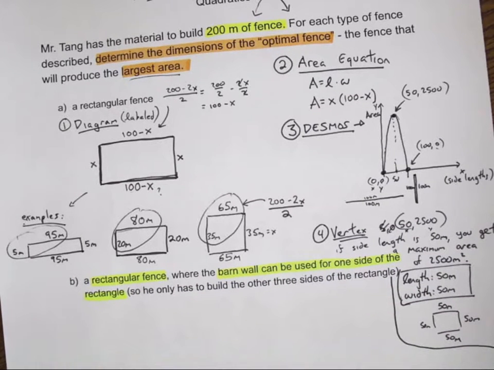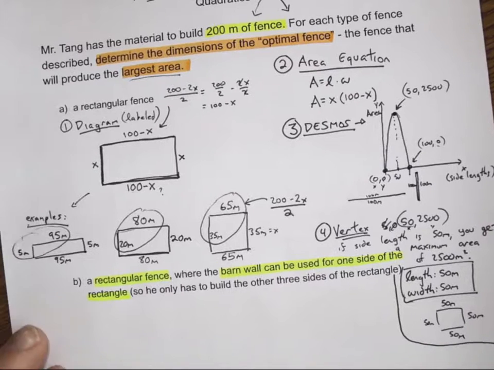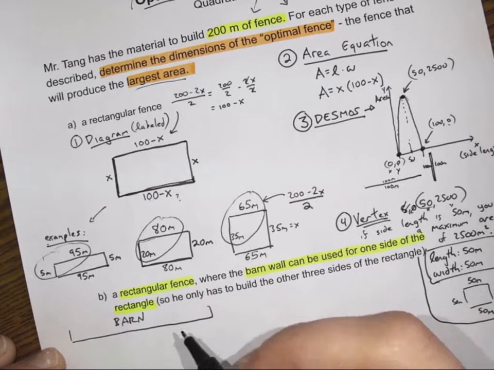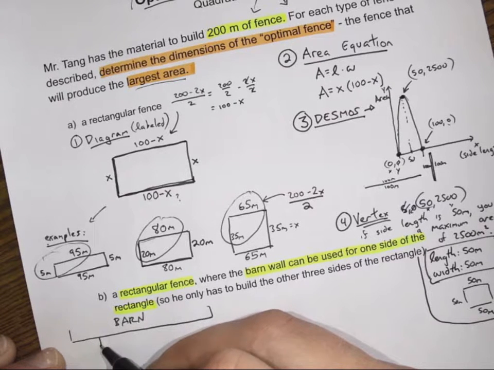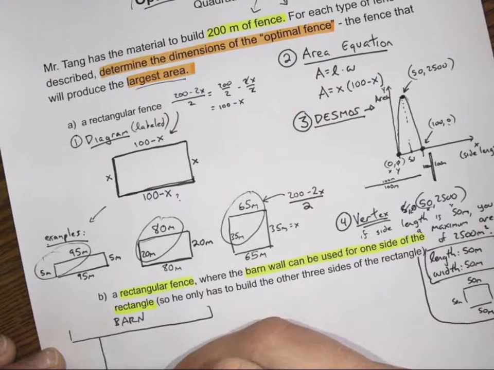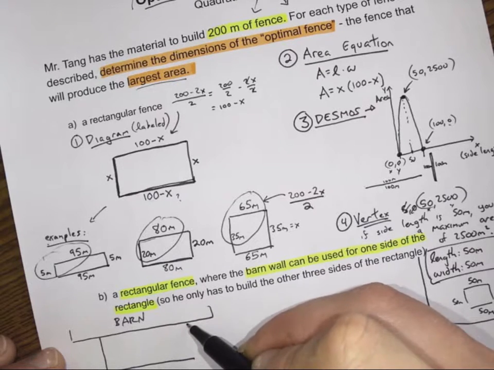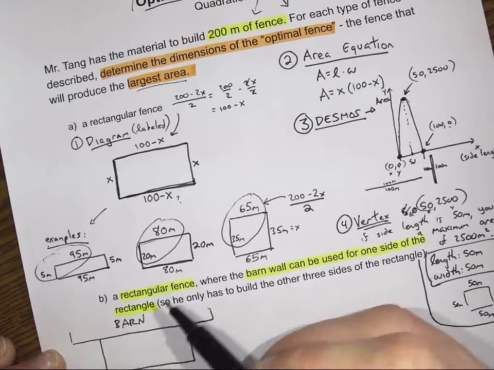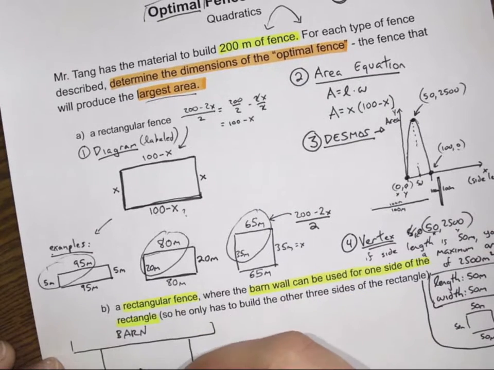So the implication here is we're building a rectangular fence against a barn wall, and a reasonable diagram might look something like this. So here's my barn, which I don't really care about. I care that it supplies a width here. So that's my barn, and this is my pen. And this is my fencing, and this is my pen in here, or area.